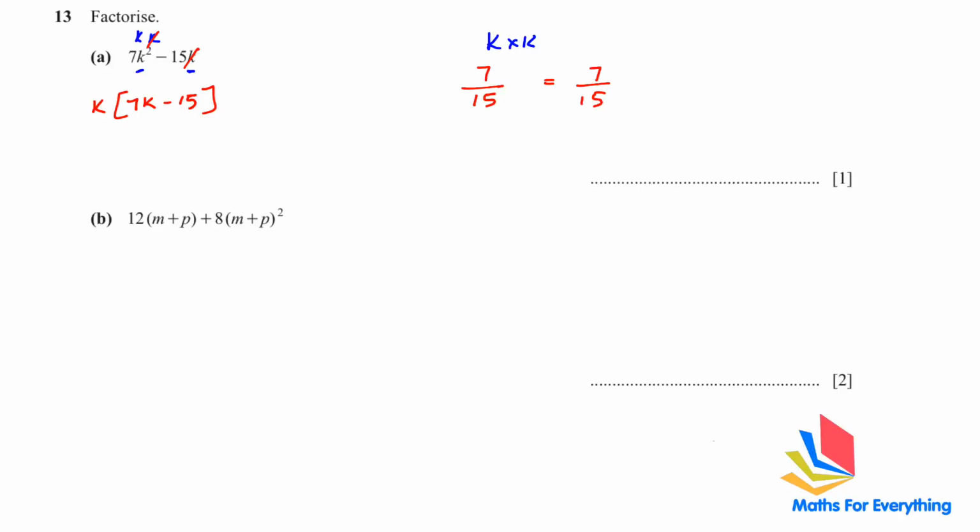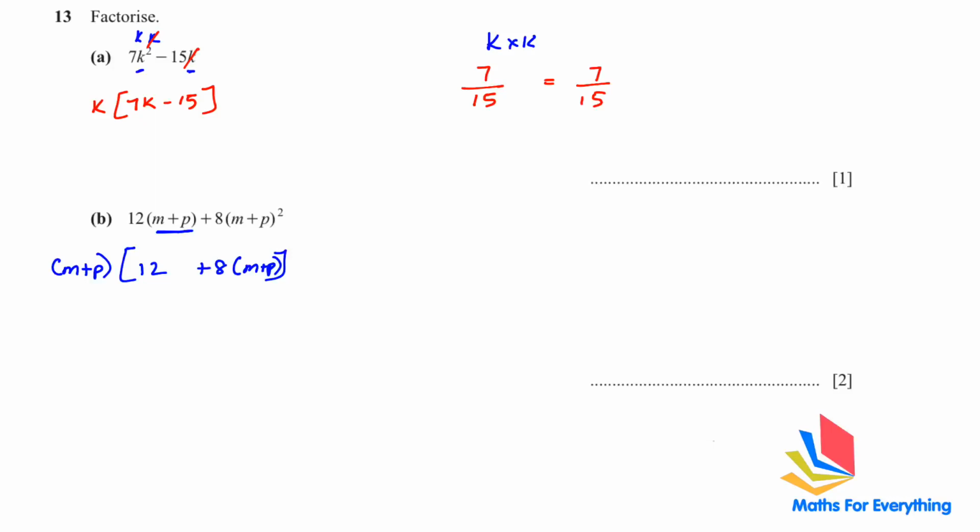Now the second part. You have 12 times m plus p plus 8 times m plus p squared. We are going to use the same rule. M plus p is common. We factorize it. And then you are going to get 12 plus 8 and 1 m plus p will remain here.